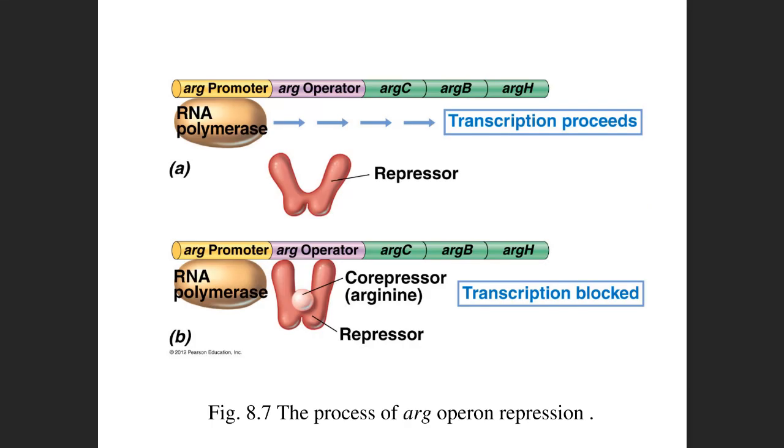This is the arginine biosynthesis operon, the Arg operon. You have ArgC, B, and H, the structural genes, and an Arg operator. You have the Arg promoter with RNA polymerase, and you have a repressor.